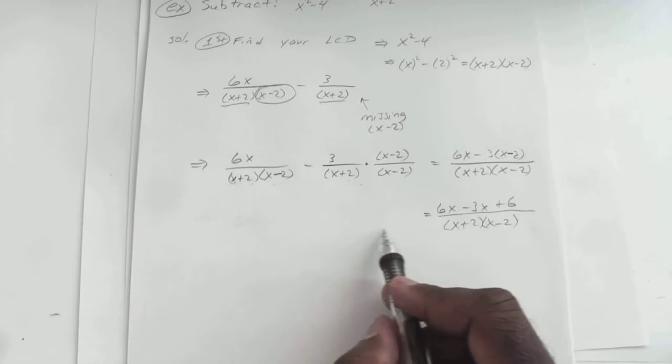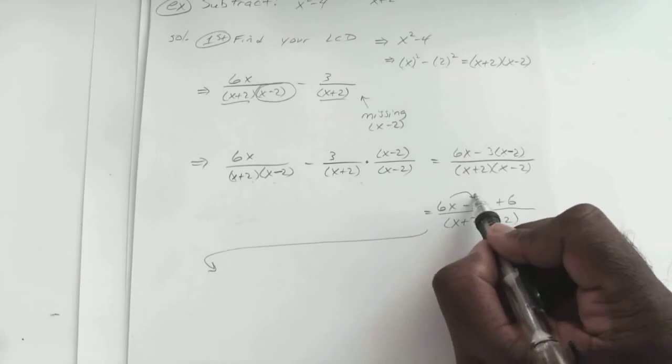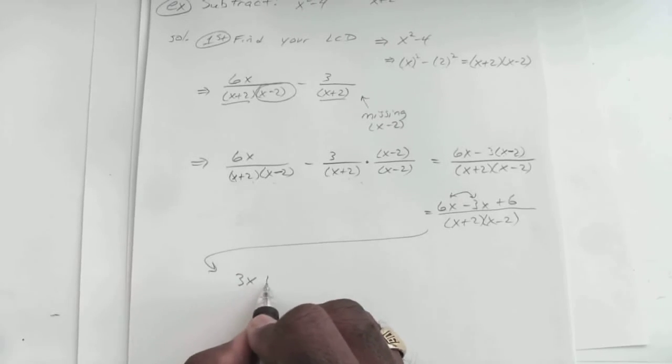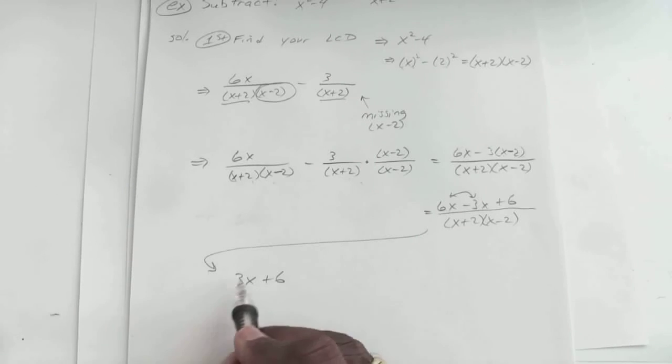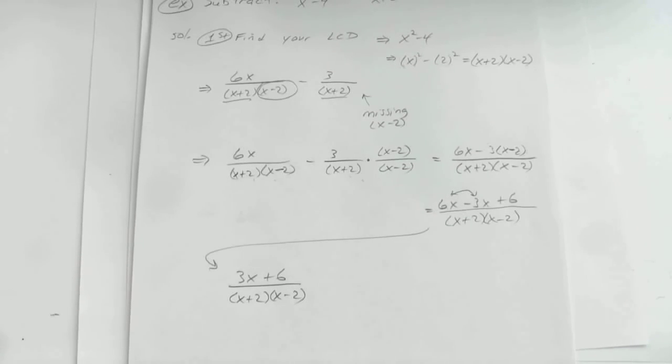All right, so I'm just going to bring that over here just to utilize the space. Now, once we combine those two, you have 6x minus 3x. So you have 3x plus 6 over x plus 2 times x minus 2.